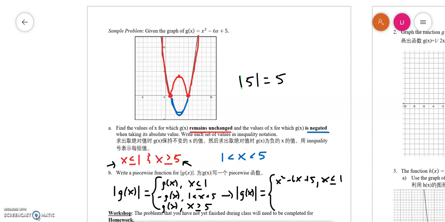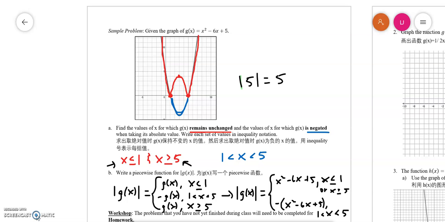We can also write the other section here, x is less than or equal to 1, or when x is greater than or equal to 5. Versus the other section, we have to negate the whole thing. So negative, and use parentheses here, negative x squared minus 6x plus 5. We negate it in that middle section when 1 is less than x is less than 5.